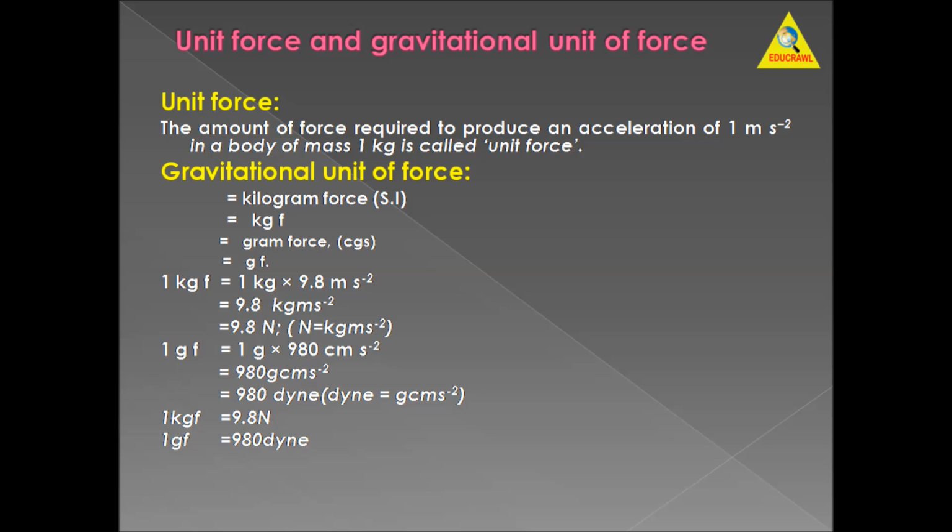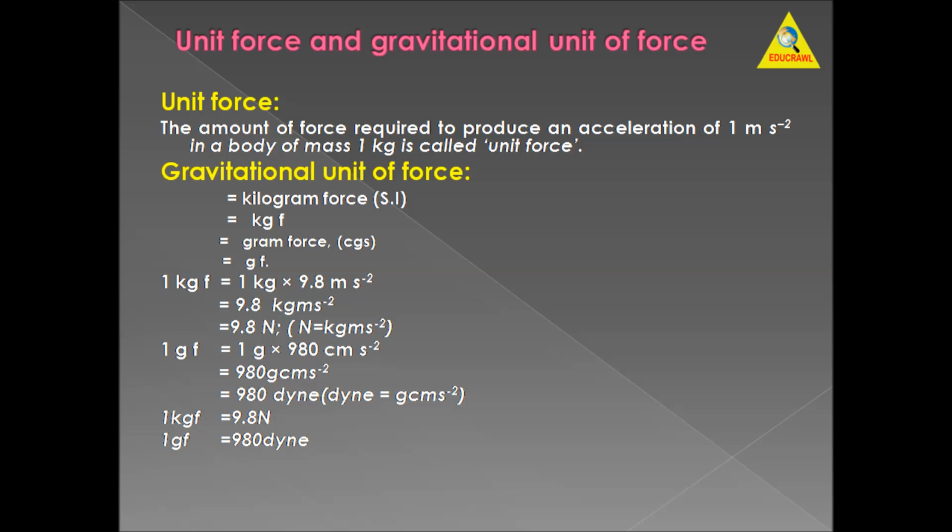Similarly, in CGS, gram force, that is 1 gf, is equal to 1 gram into 980 centimeter per second square. This is in CGS units. Here also the numerals I am multiplying and the units I am clubbing. So it becomes 980 into gram centimeter per second square, which is also called dyne, which we saw before.